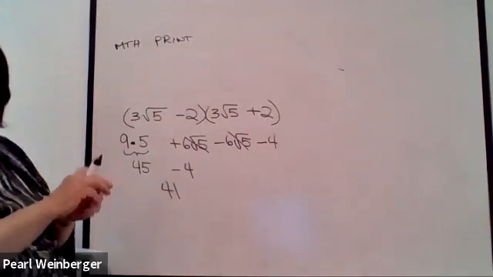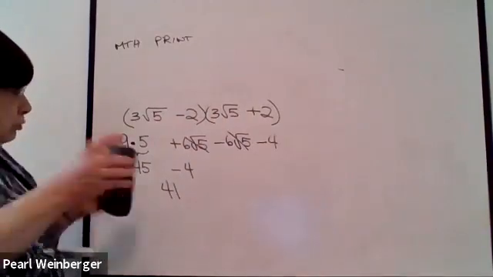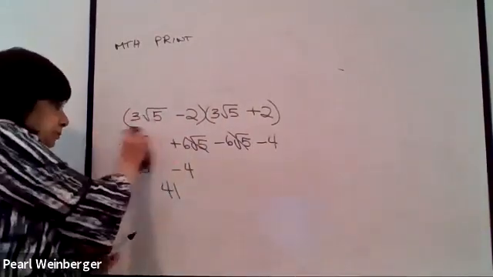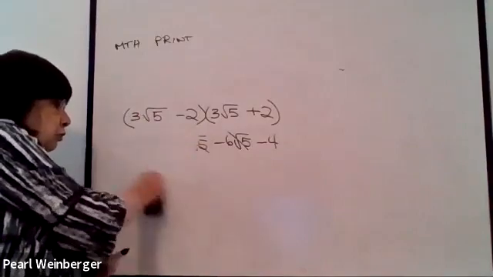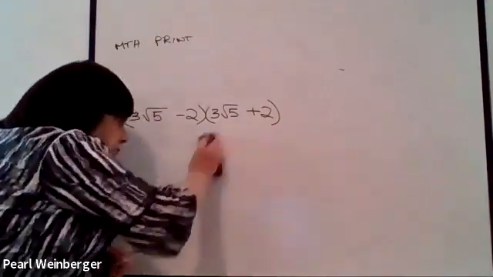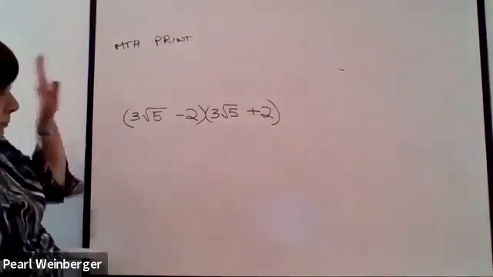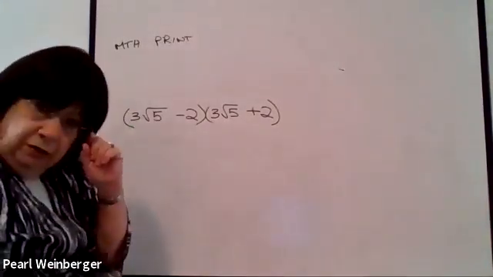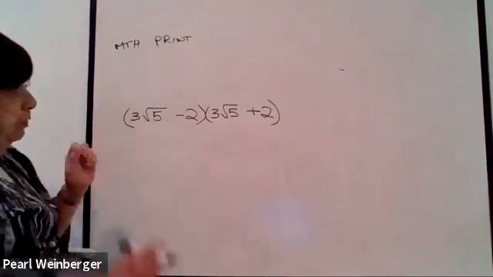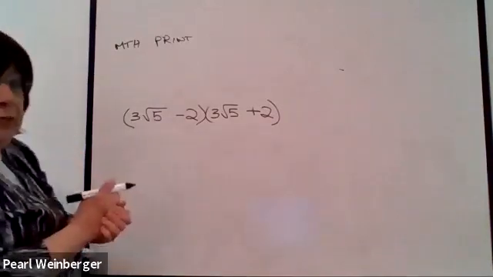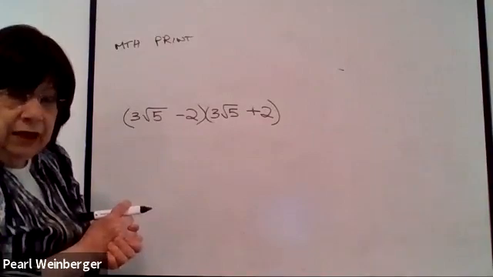So if I know that's going to happen, I'm going to redo this problem and show you the short way. I look at the problem. It hits me they are conjugate binomials. I know the middle terms are going to cancel out.